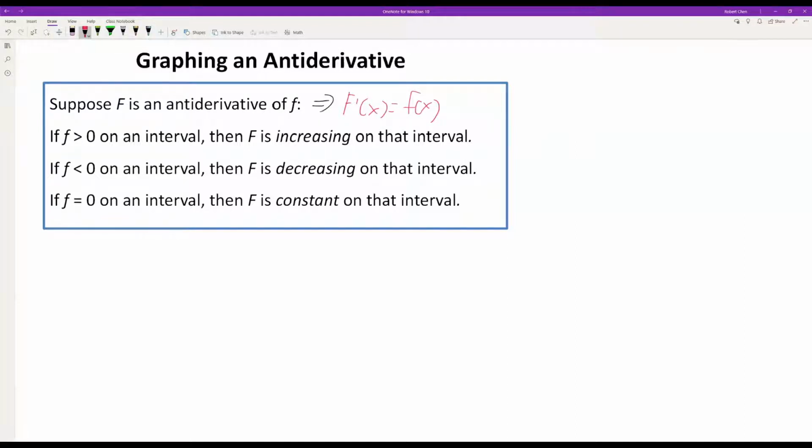If lowercase f is 0, then capital F is constant. All right, so what we're saying here in these three statements is we are talking about derivatives. If the derivative is positive, then the function is increasing. If the derivative is negative, then the function is decreasing. If the derivative is 0, then the function is constant, right? So this is just a different way of stating what we know already using the notation of antiderivatives.